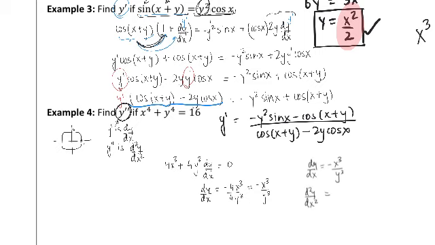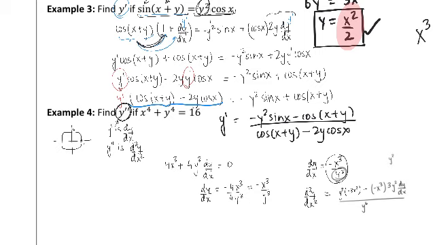So now when I differentiate this side here, I have to do the quotient rule. So I'm going to get low d high minus high d low. Now d low, again, remember y is an inside function, so 3y squared dy dx. So low d high minus high d low over low low or low squared.